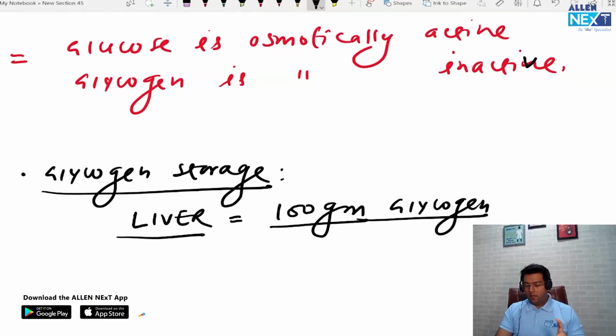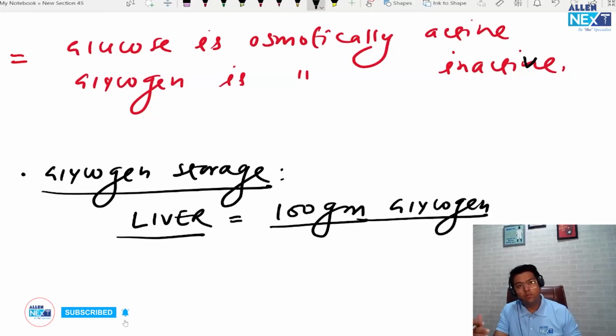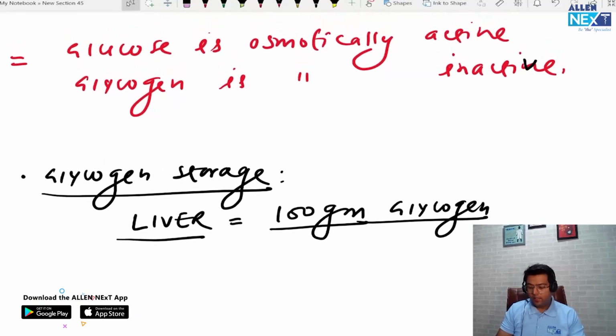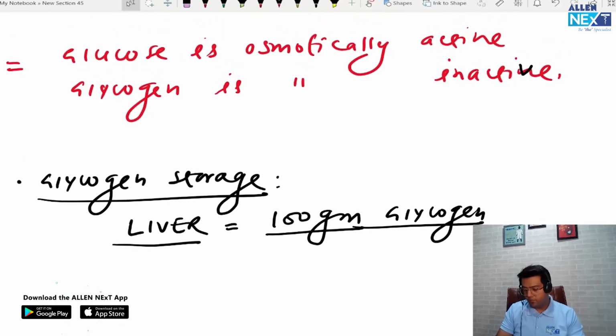So liver is the most important organ for us, right? So we should care about it. Blood sugar maintenance happens through only two pathways, I told you. One is glycogenolysis, other is gluconeogenesis, and both take place in the liver only. So 100 grams of glycogen is too much, right, for 12 hours of fasting.